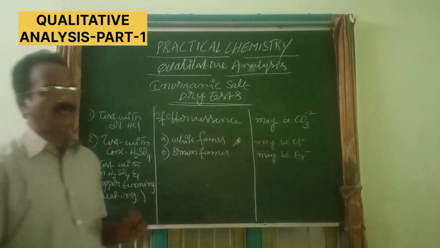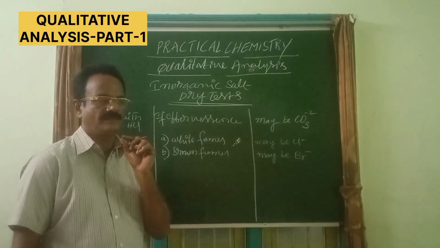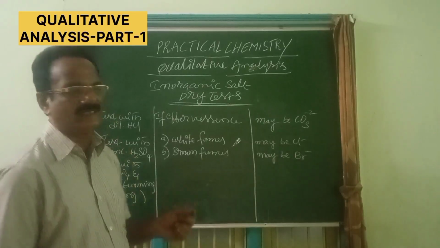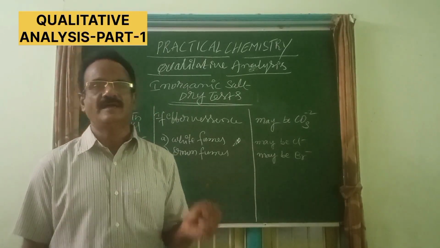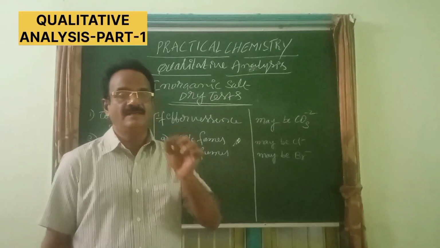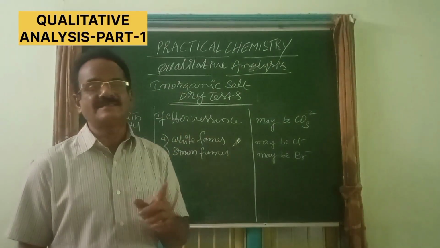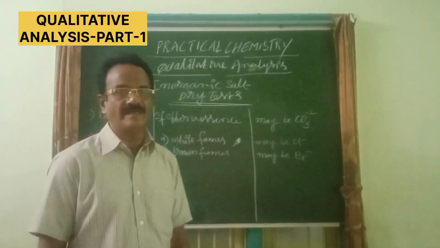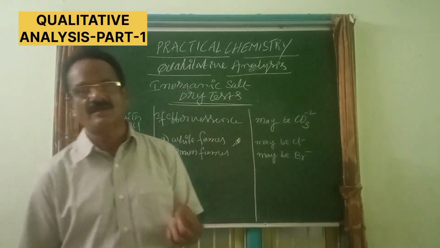Here the analyst has to take the salt in a dry test tube, add a few drops of concentrated H2SO4, then add small pieces of copper turnings, and then heat it.